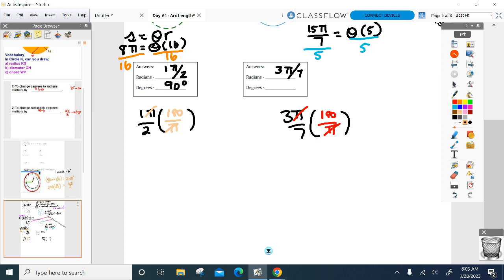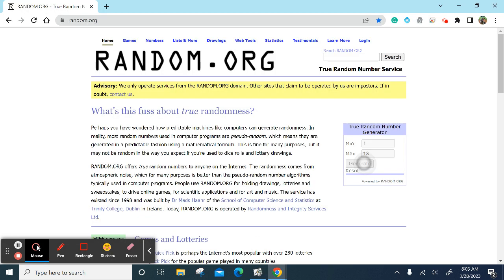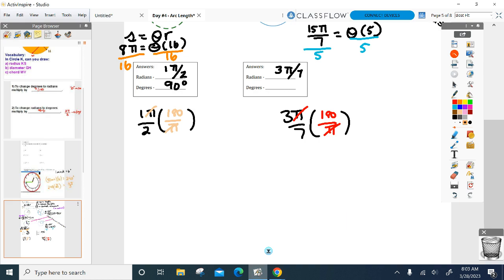Pi's cancel, and you're rolling. Go ahead and round to the nearest 10th. When you're ready, nearest 10th.